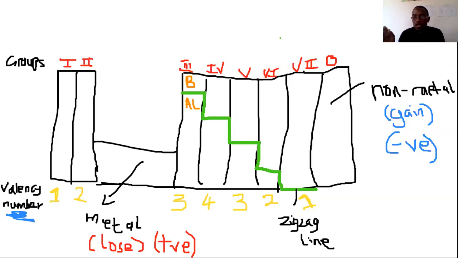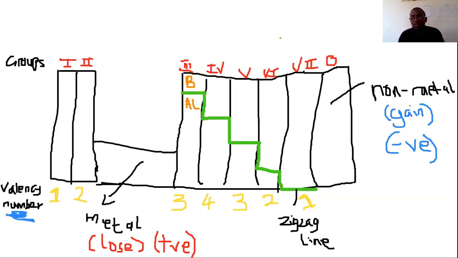Know the group to which this particular atom belongs. Potassium belongs to which group? If I check on the periodic table, I notice that potassium belongs to group 1. Do I know the valence number for group 1 elements? According to what we did on the whiteboard, you know that the valence number for all the group 1 is 1. Then know whether the element is a metal or a non-metal.